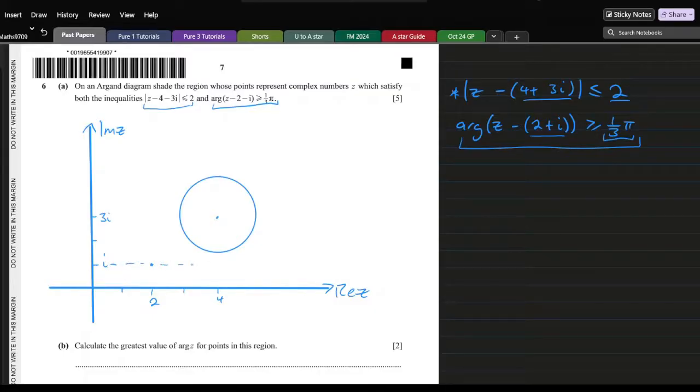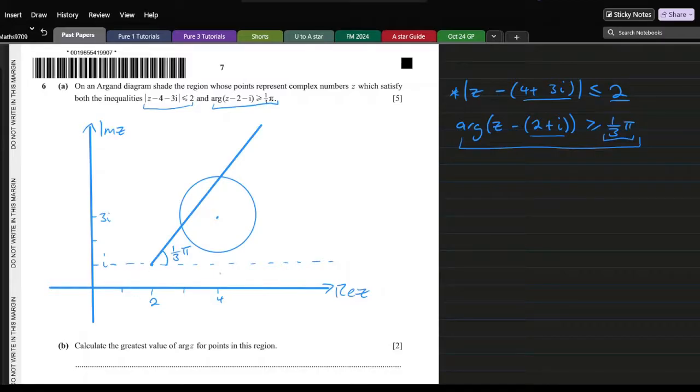And from this line, we want to open an angle of 1/3 π. 1/3 π, that's 60 degrees. So use your protractor to open an angle of 60 degrees. I'm going to assume that it would look like this. This is 1/3 π.